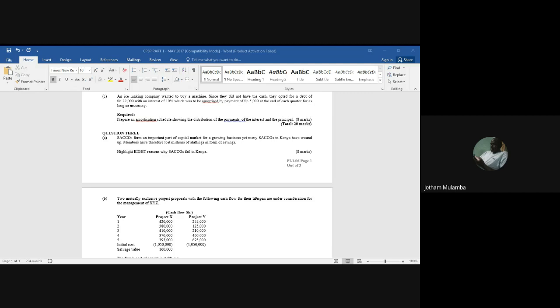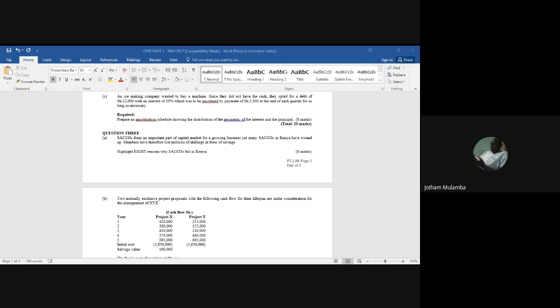But now you find SACCOs cannot afford to buy that software. They can only afford to get Excel, which is free of charge. So it's difficult to trace how much you have paid, especially using Excel, and it's also prone to manipulation. Somebody can edit any information in that particular Excel without stress.